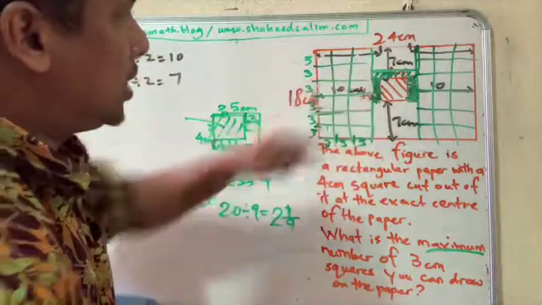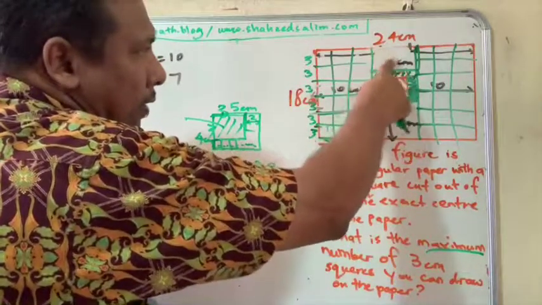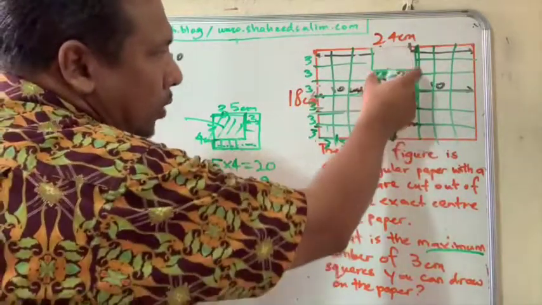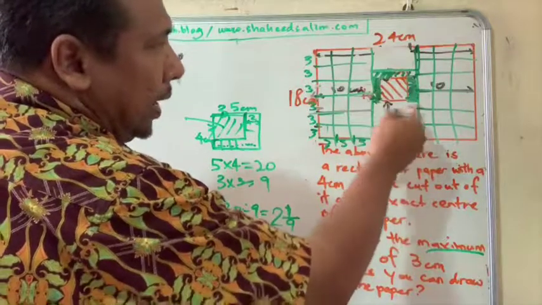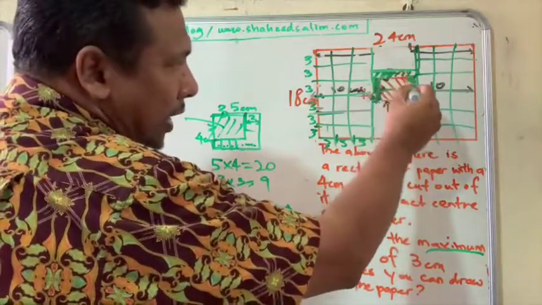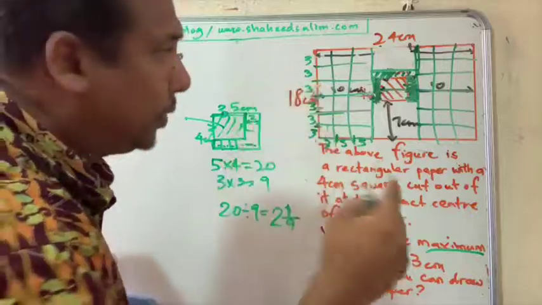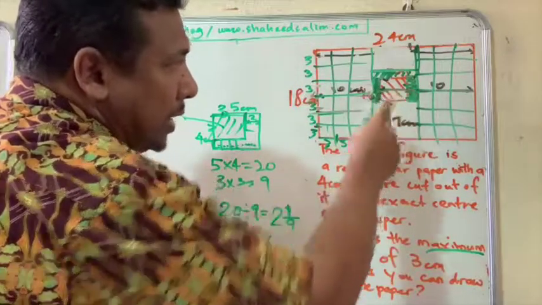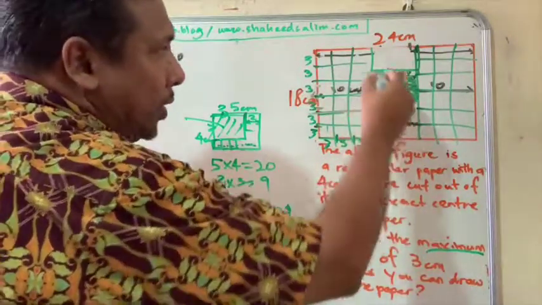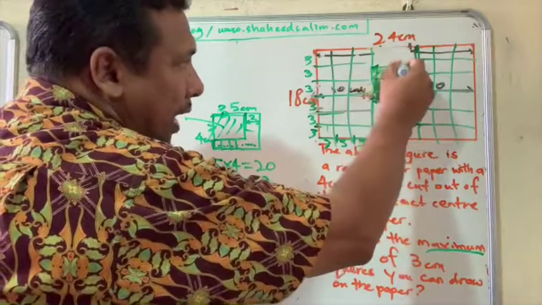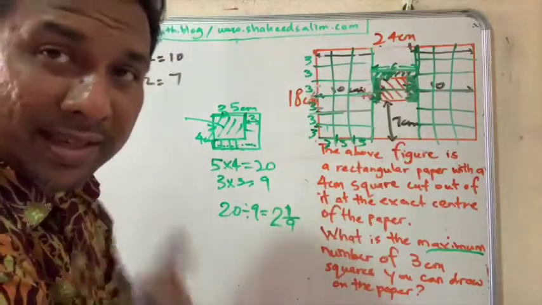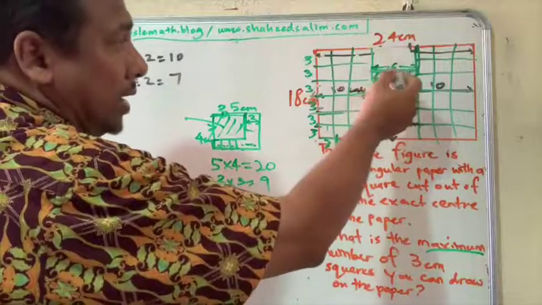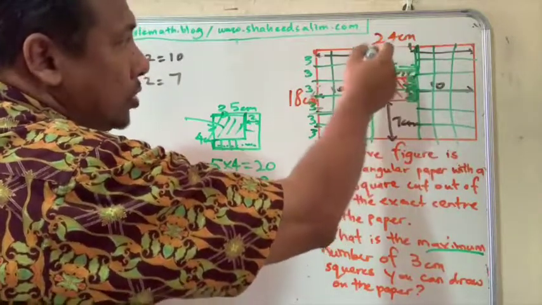So your dimensions now over here, from here to here, how many cm is it? Well, let us see. This is 4 cm. This is 1 cm. 5 cm. 6 cm. So from here to here is actually 6 cm. And we have already removed 1 cm from here, remember? So this is 3, 3.